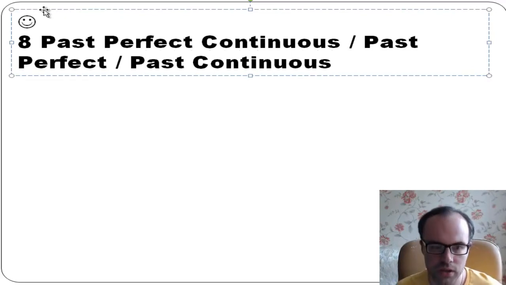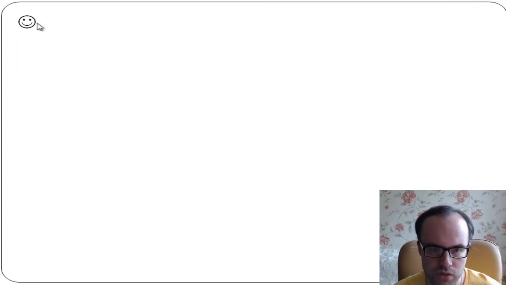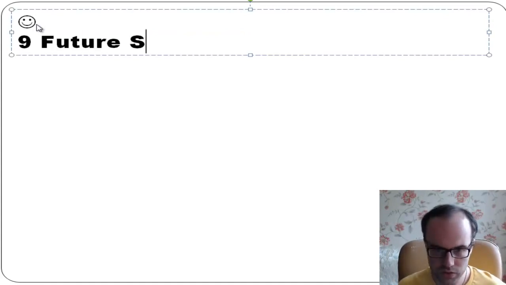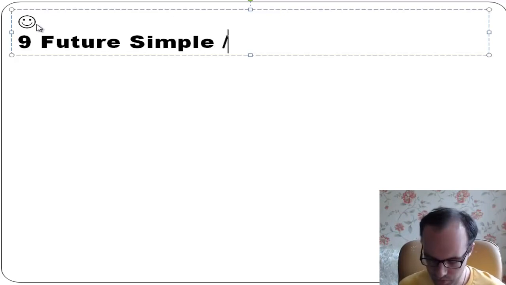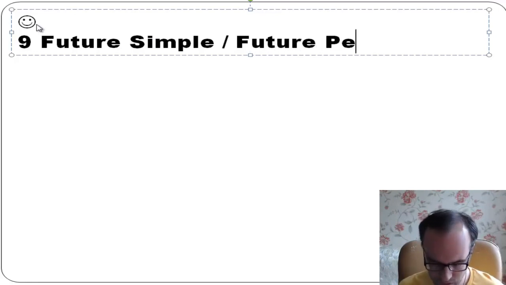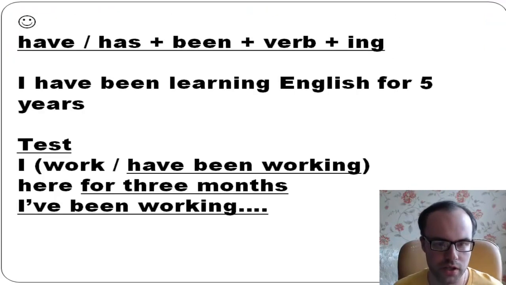And we also need to talk about, it's number 9, if I'm not mistaken. If I'm mistaken, please correct me. So we also need to talk about future simple and future perfect. Okay, so very good, really very good.